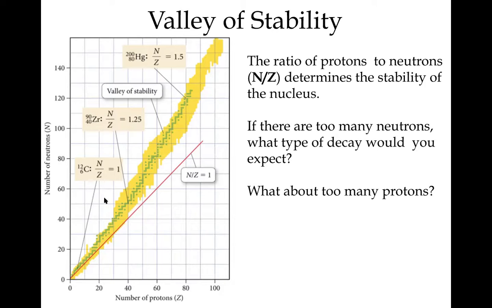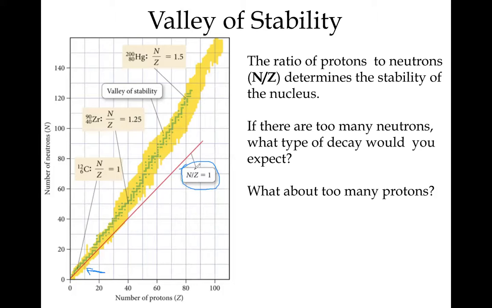And what you'll notice is down here, with these smaller nuclei, or these lighter elements, the ratio of N over Z, or the number of neutrons to protons for these lighter elements with stable isotopes, is going to basically be equal to 1 right here.